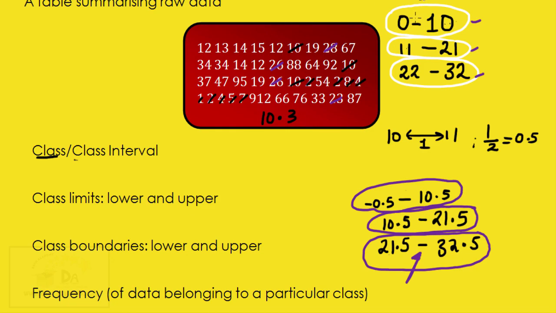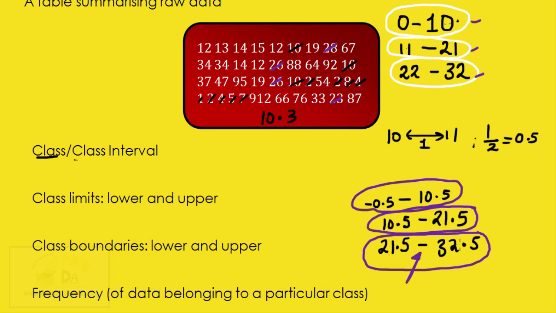Typically, you have a situation where the upper class limit of a class and the lower class limit of the next class differ by a unit of 1, literally 1. The convention is to divide that 1 by 2, and then add 0.5 to the upper class limit of the previous class and subtract 0.5 from the lower class limit of the next class, so that you get what we had here.